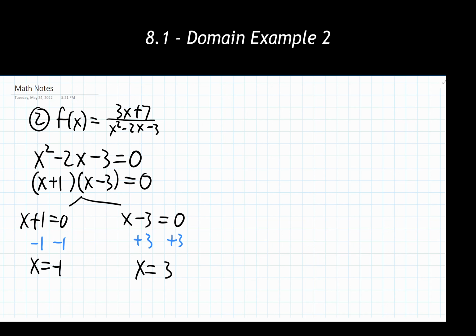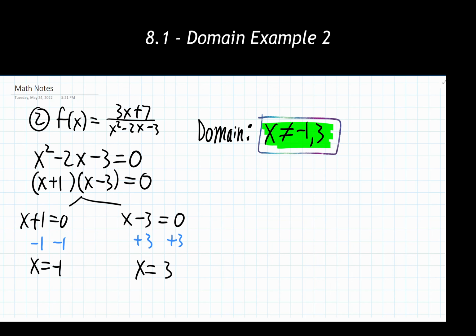So now, writing this out as our final answer, I'm getting the domain is x cannot equal -1 and 3, or two values that we found there. Make sure when you are writing these out for yourselves, you're making it clear that this is two numbers.